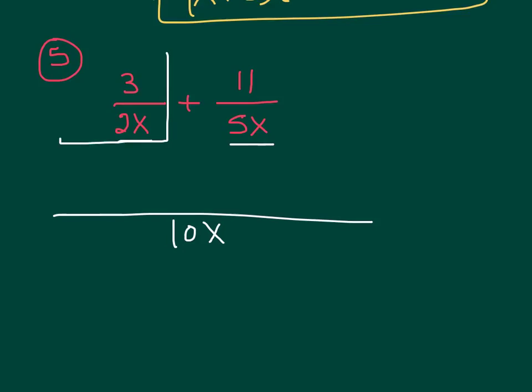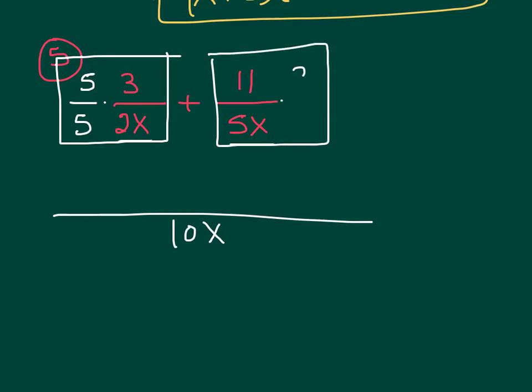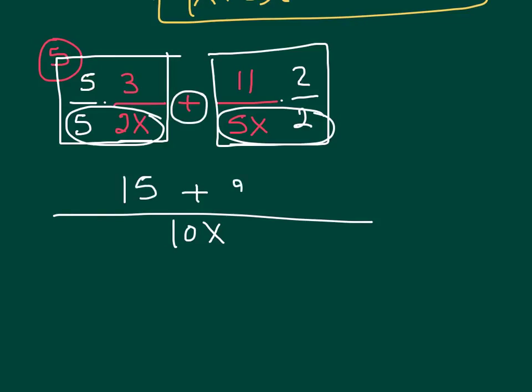Now you have to ask yourself, what should I multiply top and bottom by to get a 10x on the bottom? And this is 5 over 5. Here we multiply top and bottom by 2 over 2. The idea is to get this denominator to be exactly like this denominator so we can add the two. And so here we have 15 plus 22, or simply the answer is 67 over 10x.